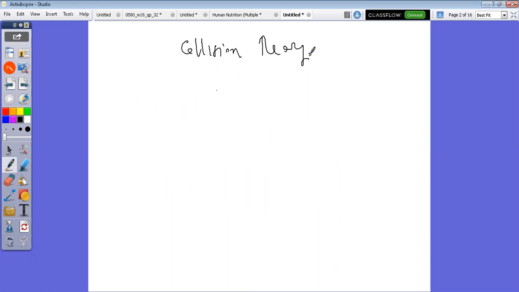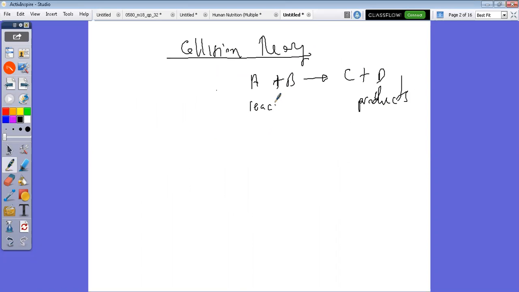Maybe I'll use A plus B. A plus B is just standing for anything. When they react, let's say they form C plus D. This is just an example. These are your reactants and these are your products, because they have to react to form C and D.